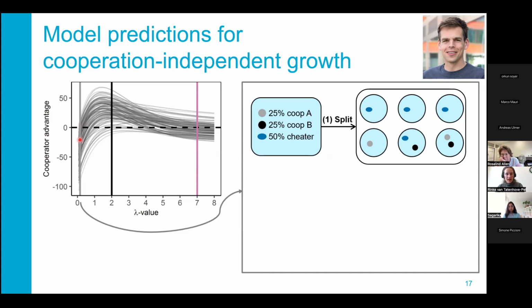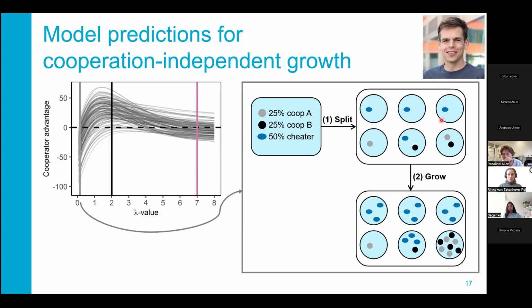Because what happens if we have very few cells per droplet on average is that we have a lot of droplets that contain 1 cell, only a couple of droplets that contain 2 cells, and even fewer that contain 3. But that was also our aim. We didn't want to have 3 cells per droplet because then the cheaters would win. But what happens here is that the cells on their own can grow a little bit. So let's say we started with 25% cooperator A, 25% cooperator B, and 50% cheater, as it is drawn here.